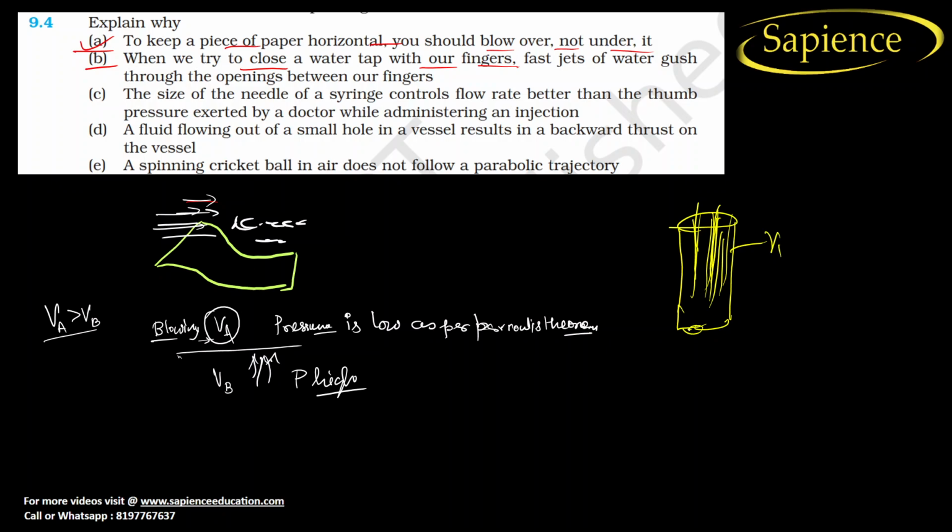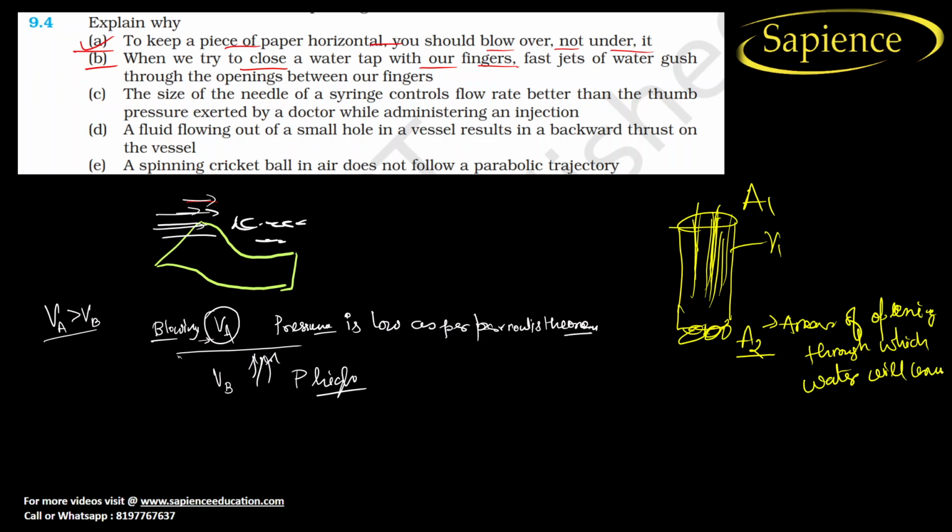Now if we put our fingers here, what will happen? Here the area is a1 and here the area of the opening through which water will come out is a2.